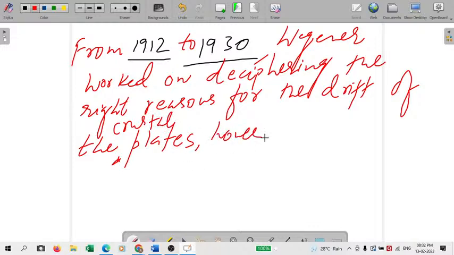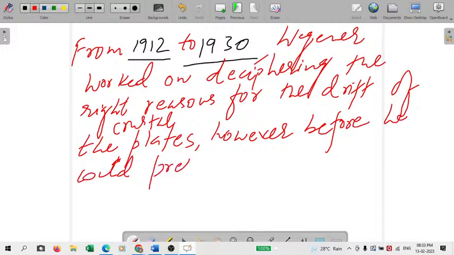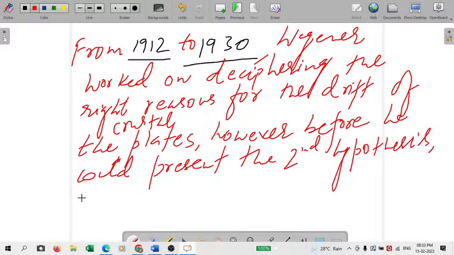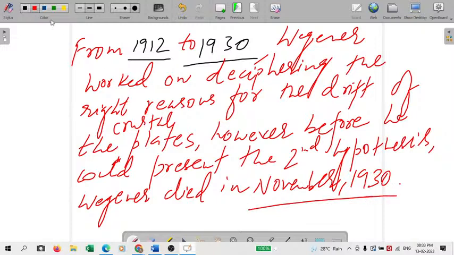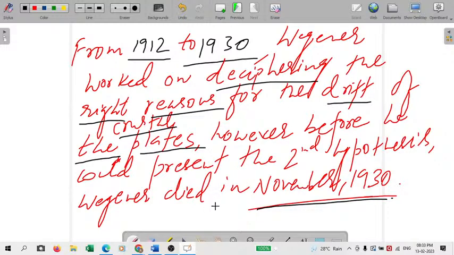However, before he could present the second hypothesis, Wegener died in November 1930.